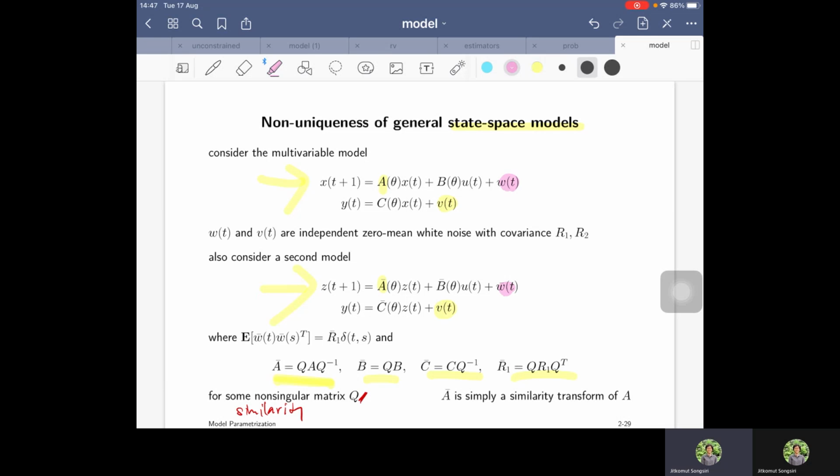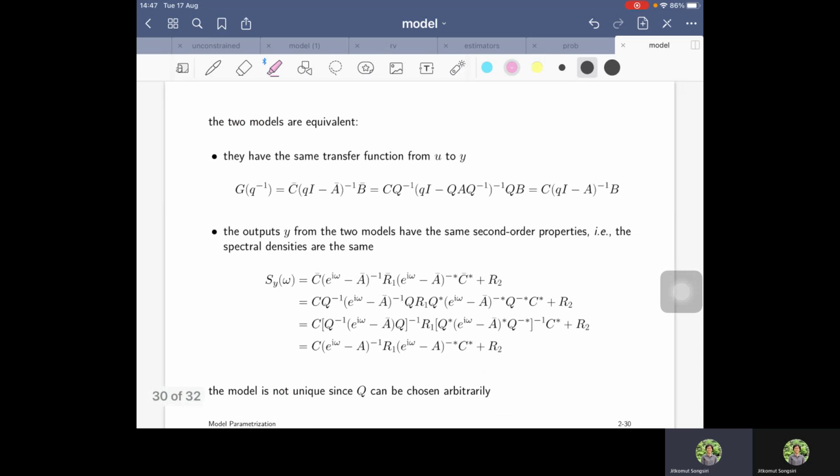The point here is that the system dynamics are different in these two state space models, but we can derive the transfer function real quick. G is C, q, the shift operator. You can work with z as well if you want. (zI minus A) inverse. If you compute the transfer function of the system in the z coordinate, everything is bar here.